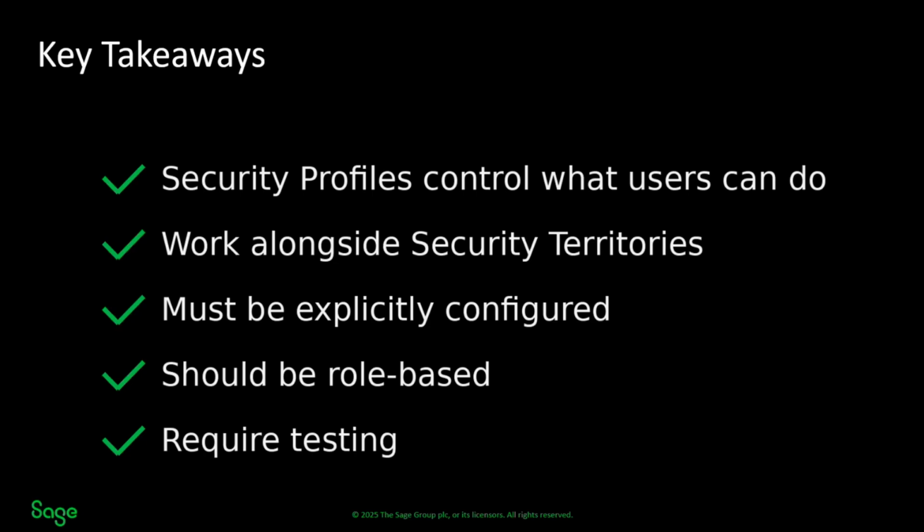So territories control visibility, profiles control capability. Together they form that core security framework, and if you get the thinking right about the configuration, then it will improve both security and usability of the data.